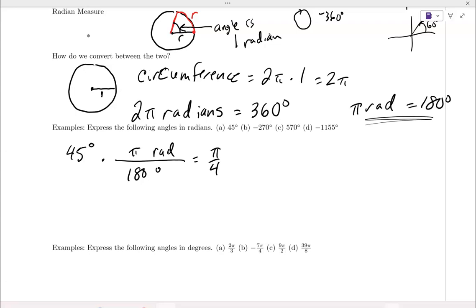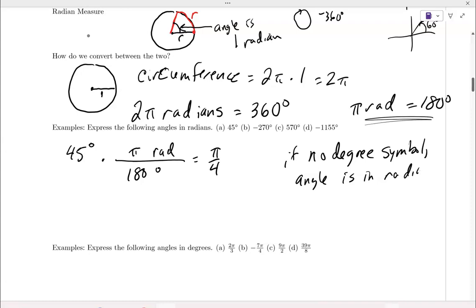So I'll write that down because it's important. If no degree symbol, the angle is in radians, not degrees.